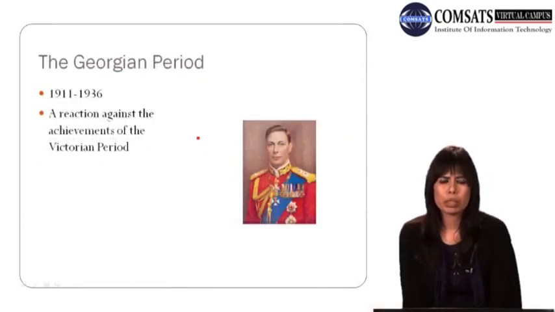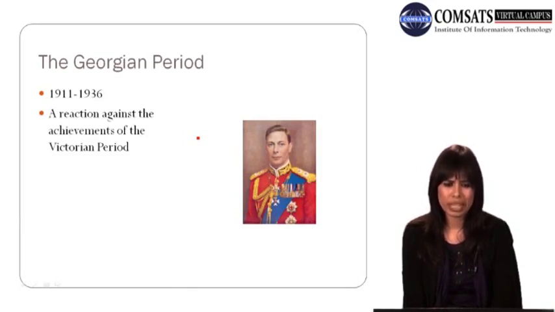The Georgian period is another period. It started in 1911 and ended in 1936. It came after the Victorian period, and you can see the picture of King George here as well. It was a reaction against the achievements of the Victorian period.